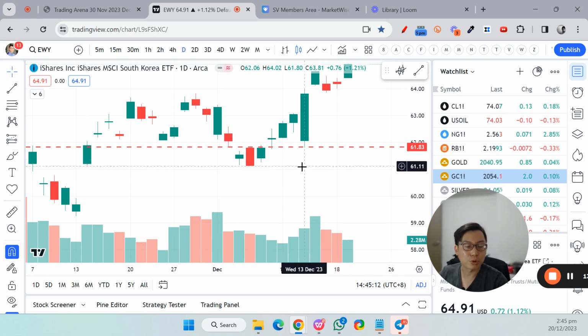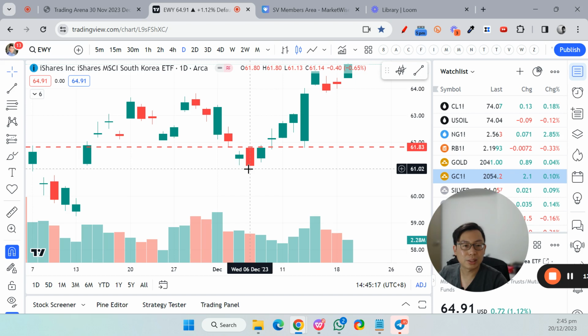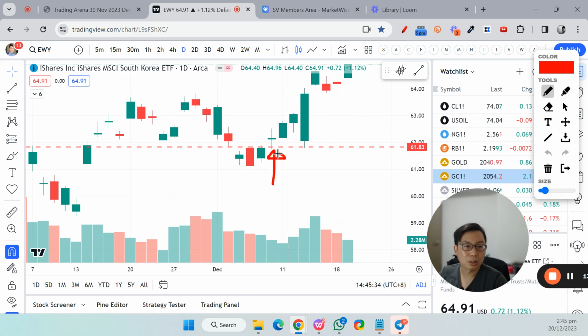On day one, Wednesday, price did not close above the wash line. Price just got resisted at the wash line. On the next day, price again did not close above the wash line. Then on Friday, price actually closed above the wash line.